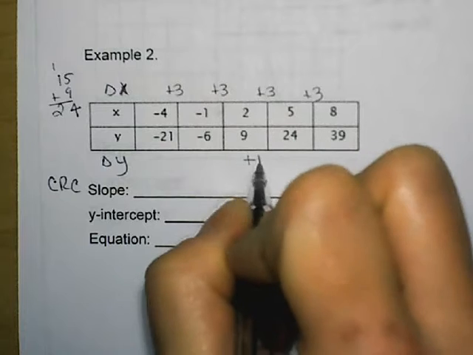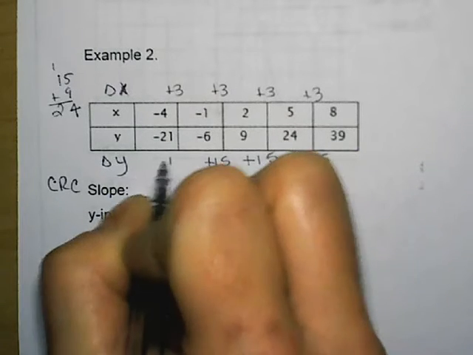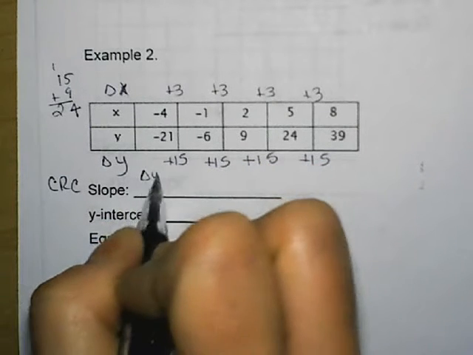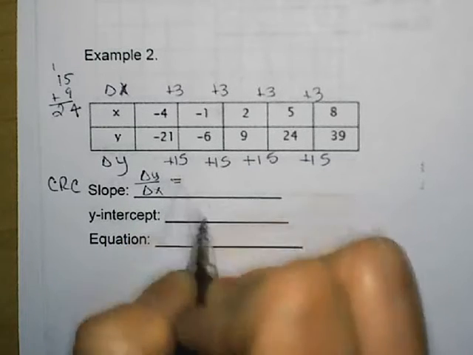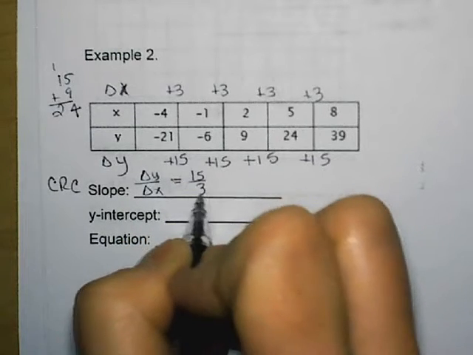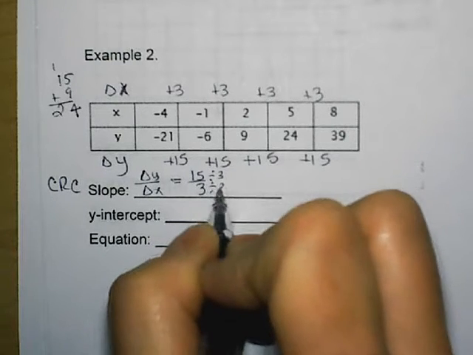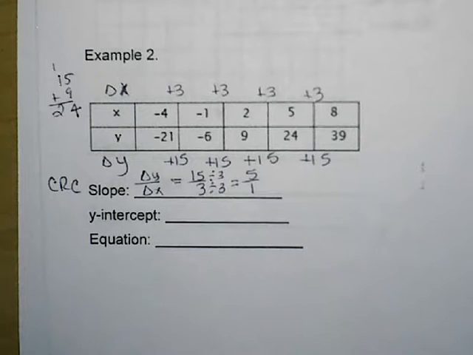They are going up by 15. So right now our slope, the change in y over change in x, is 15 over 3. These can both be simplified by 3, and you get 5 over 1.